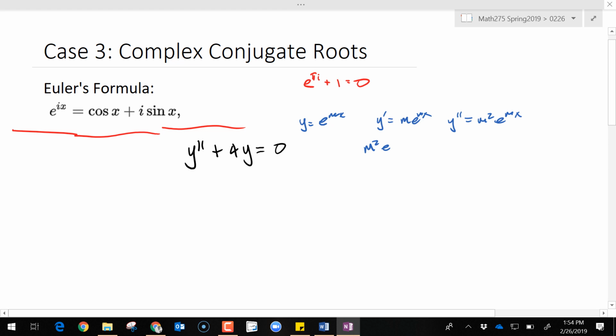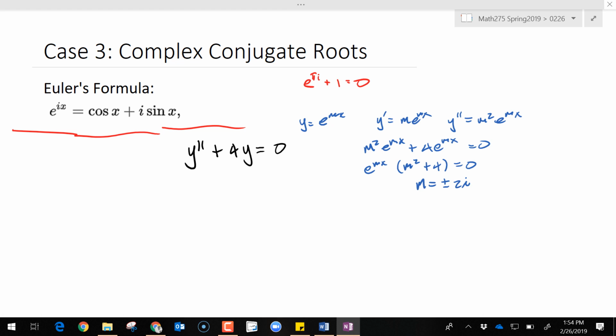m squared e to the mx plus 4 e to the mx is equal to 0. e to the mx factors, m squared plus 4 is equal to 0, and then m is equal to plus or minus 2i, right? So that's our complex conjugates.